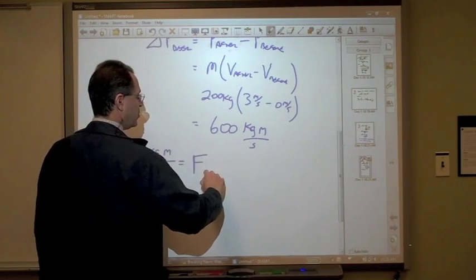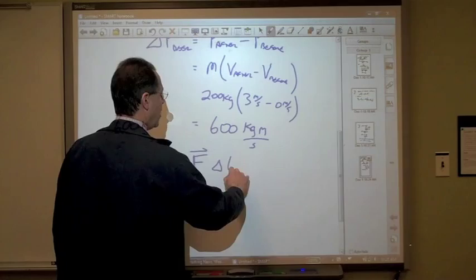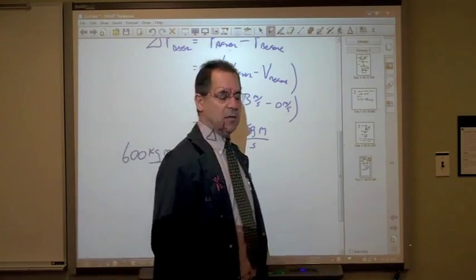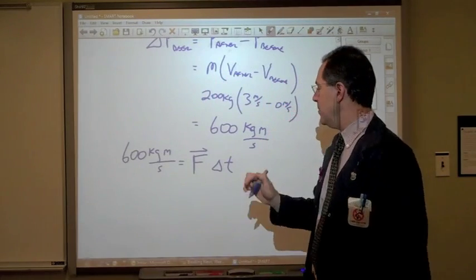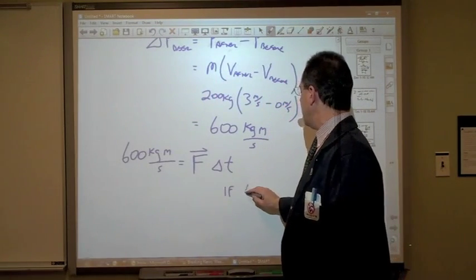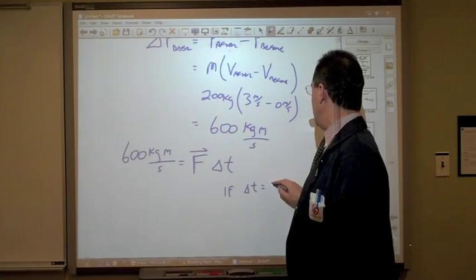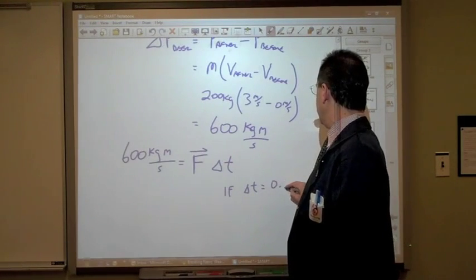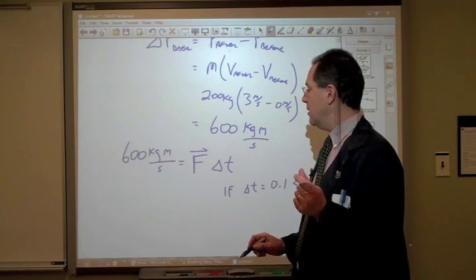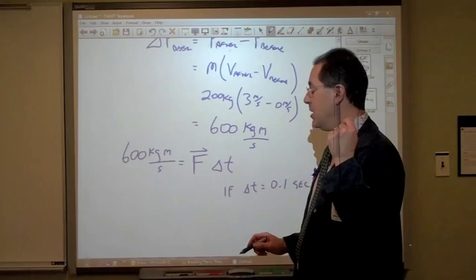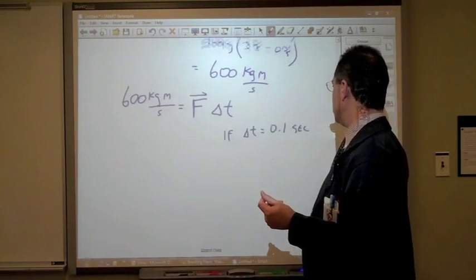And we can say that 600 kilogram meters per second is equal to the impulse, or the force of the car on the deer times the time the force was applied. Well, let's face it, this impact happens in a very short period of time. So if our delta t is only, say, maybe a tenth of a second, just a tenth of a second is the collision time, the time the car is actually in contact with the deer, and it is a very short time.